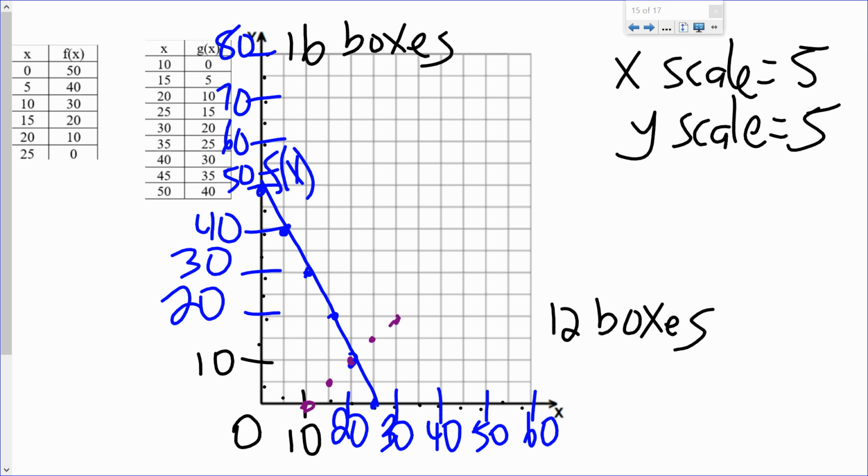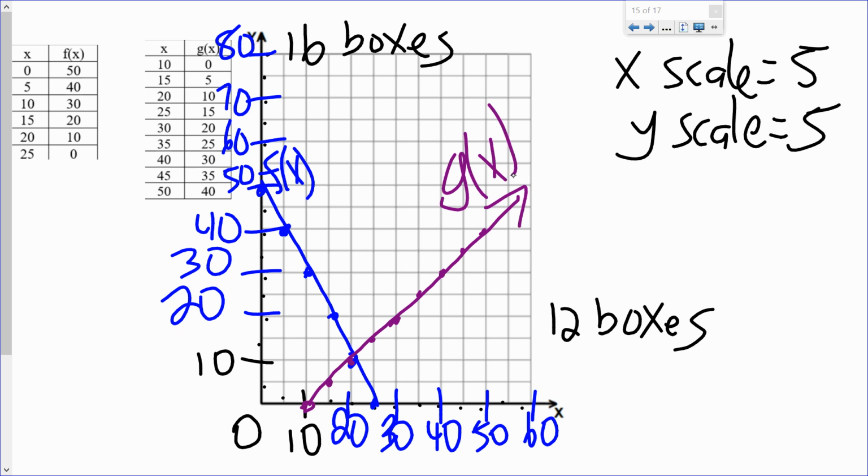Looks like it has a slope of 1. 35, 25, 40, 30, 45, 35, 50, 40. Now, one end goes into the axis, the other one doesn't, so I'm going to put an arrow on this one since it is going forever. The other ones are getting cut off by the axis, so I wouldn't. Let's label that as g of x.